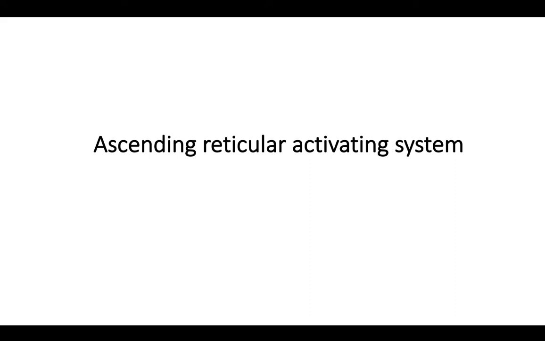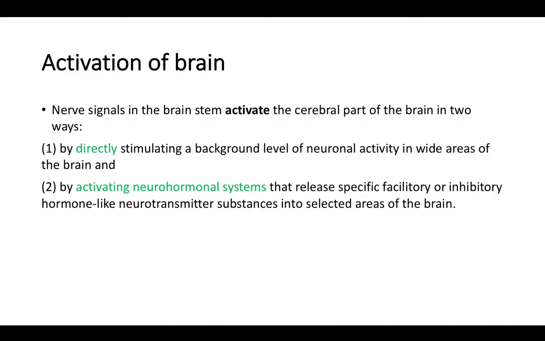So I will now go on to the ascending reticular activating system. Before going exactly into it, I would like to bring here a fact that activation of the brain can be done by two mechanisms or two ways. One, directly stimulating the background level of neuronal activity in wide areas of the brain, that is, a direct stimulation of neurons in the cerebral cortex, or via the neurohormonal system.